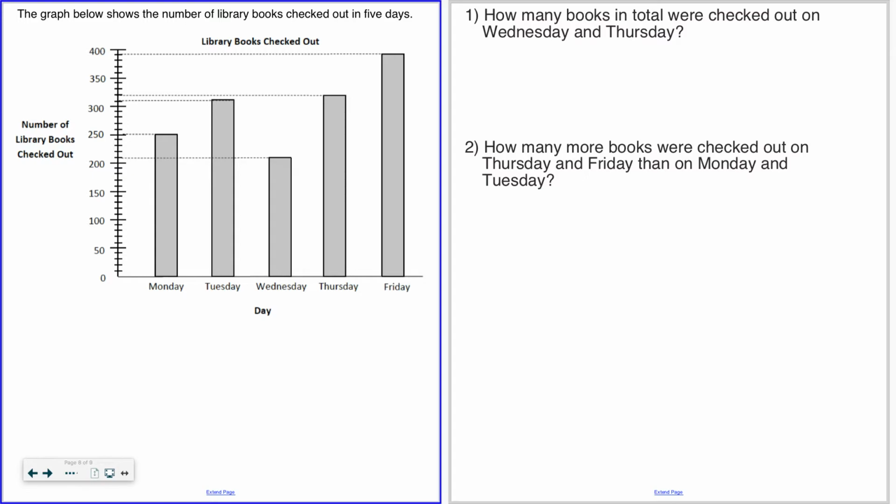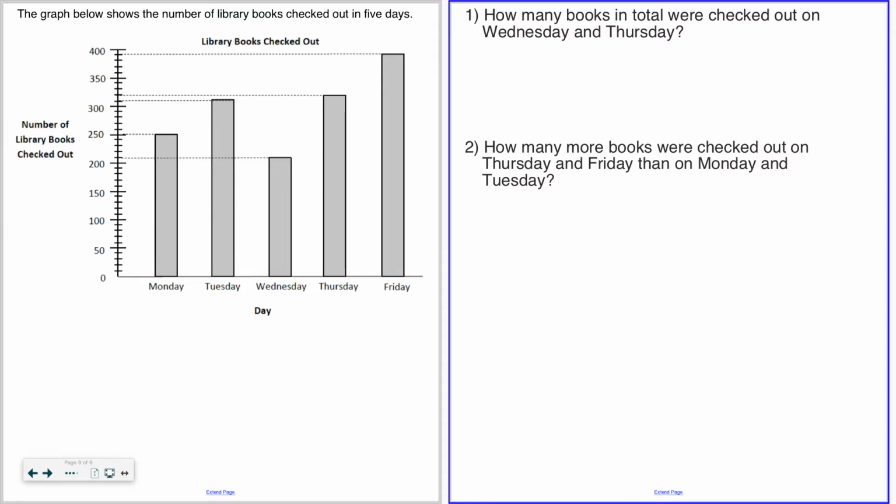So they're actually tens. 10, 20, 30, 40, 50, 60, 70, 80, 90, 100, 110, 120, 130, 140, 150. So each small line is 10, each long line is 50. For example, for Wednesday, I have 200, and it's one little mark above the 200, so this Wednesday would actually be 210. So we're going to use that to help us answer these questions.